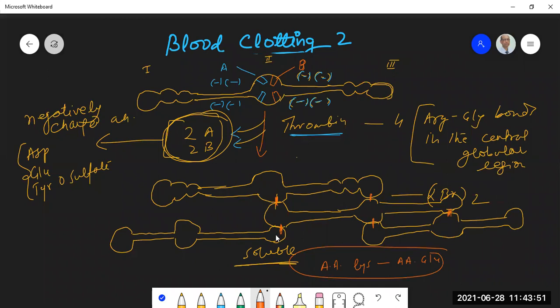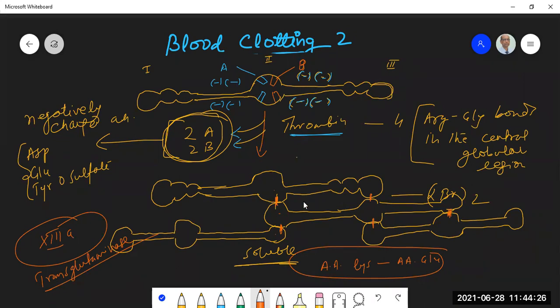So glutamic acid of this monomer and lysine of this monomer, lysine of this monomer and glutamic acid of this monomer, between them an amide bond is formed in presence of factor 13A. 13A is a transglutaminase. Okay, so this kind of cross-linking will take place, and it will provide that mechanical strength or rigidity to this whole structure. This becomes a clot.